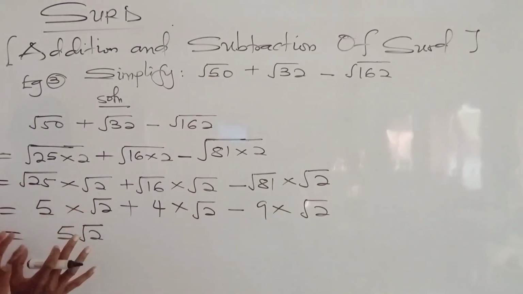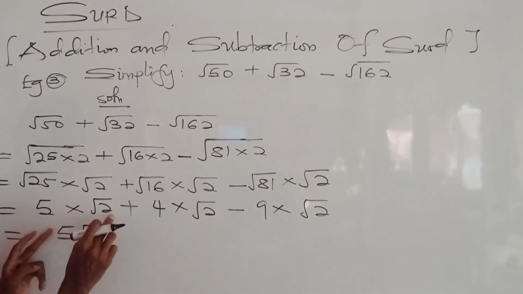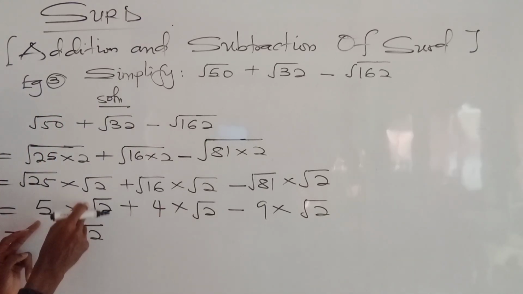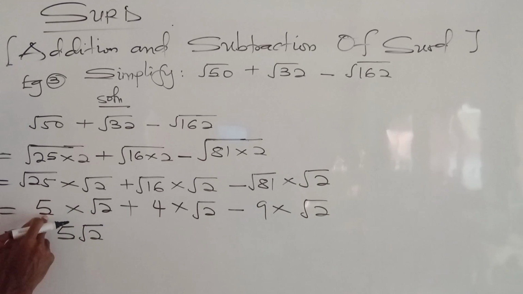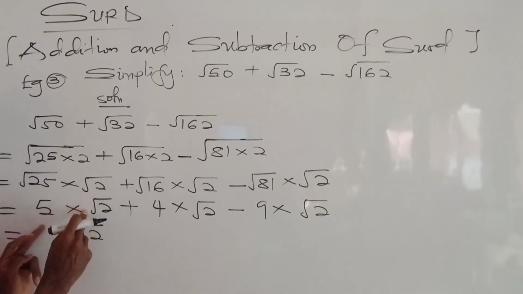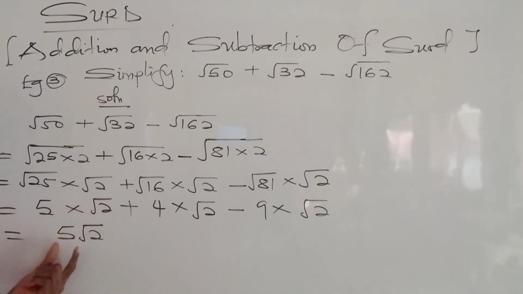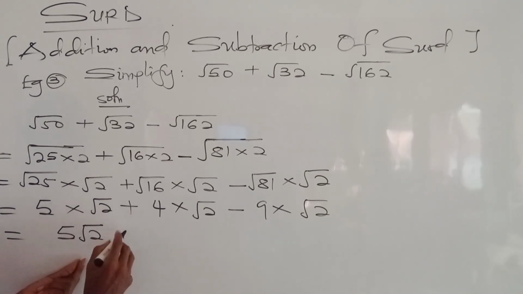So this is how the multiplication goes. 5 times root 2 gives 5 root 2, and the reason is that the coefficient of the root 2 is 1. So the 5 here multiplies the coefficient. So 5 times 1 gives 5. 5 times the root 2 gives 5 root 2. So this is the answer. Now bring your addition sign, which is here.